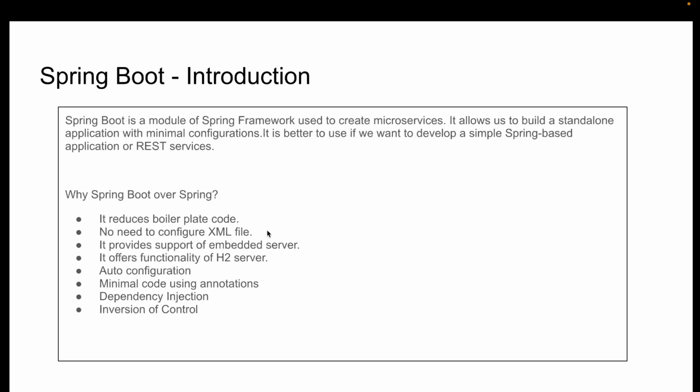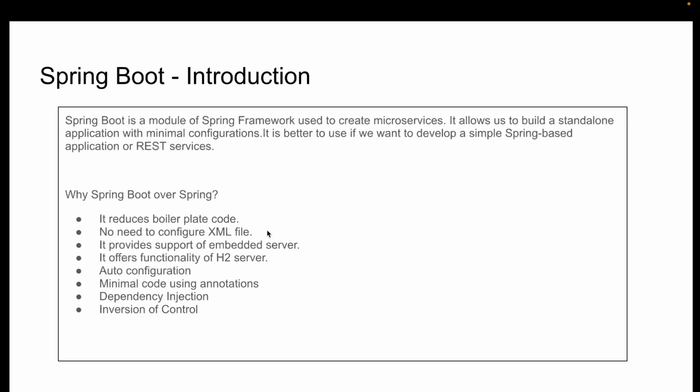In a big application, you would see a lot of beans configured in the XML. When I talk about beans, you might hear this terminology a lot in Spring. Beans are simple Java POJO classes which you will use for creating the requests and responses.